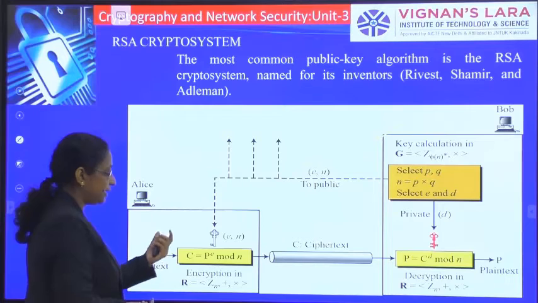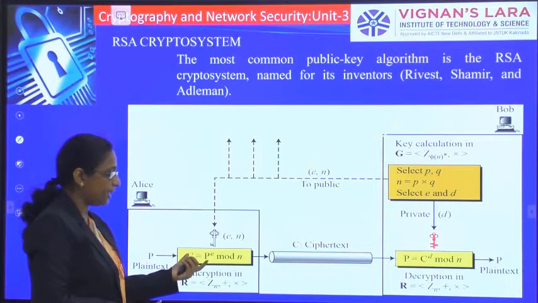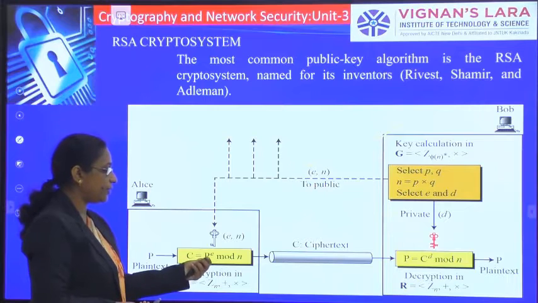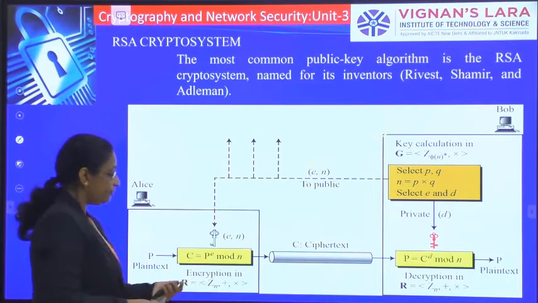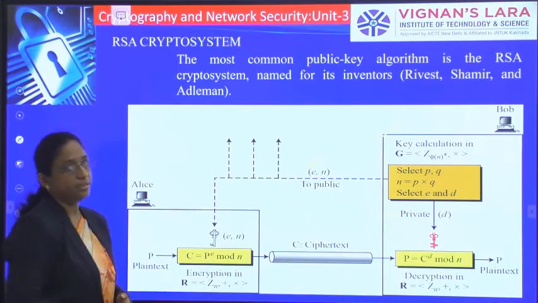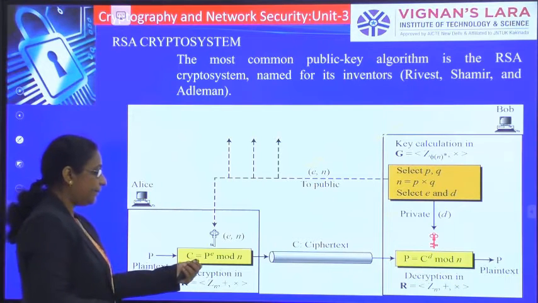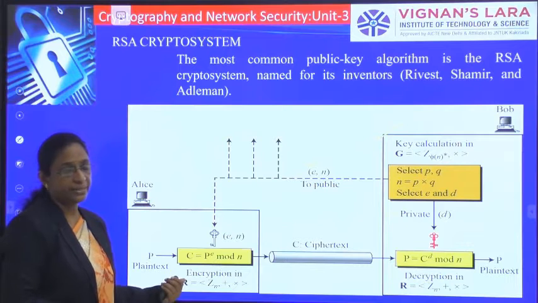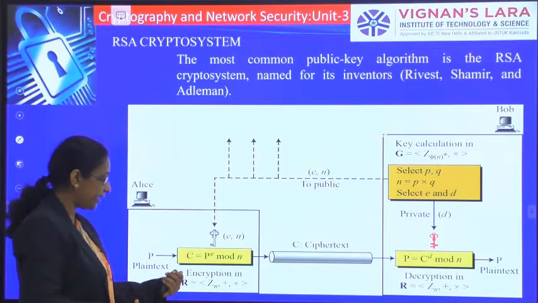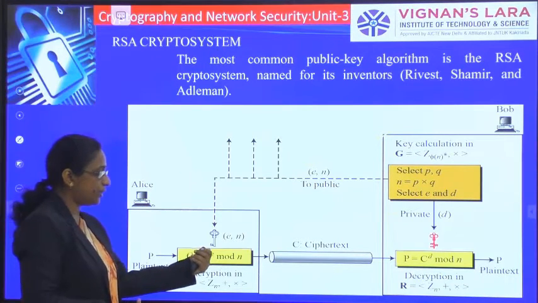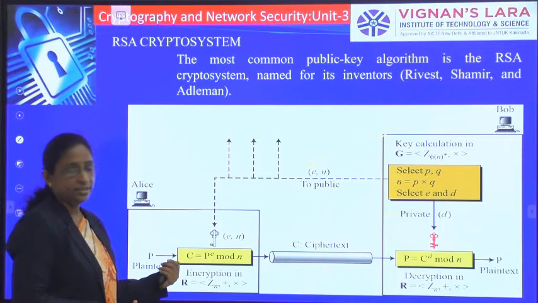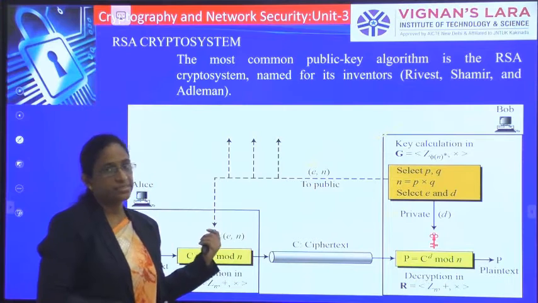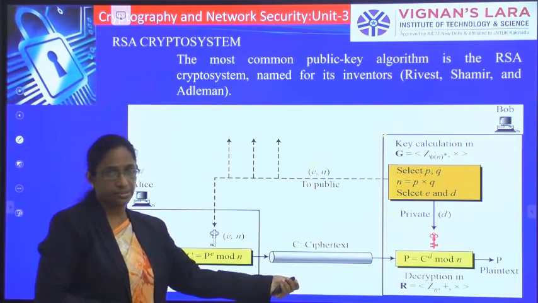The formula for encrypting the message is C equals P to the power of E mod N, where E and N are the public key and P is our plain text, the message we want to communicate. We use P to the power of E mod N to get the ciphertext, and the sender then sends the ciphertext to the receiver.